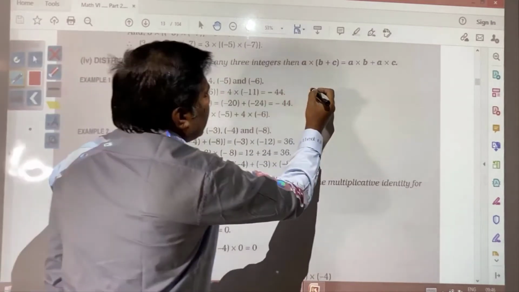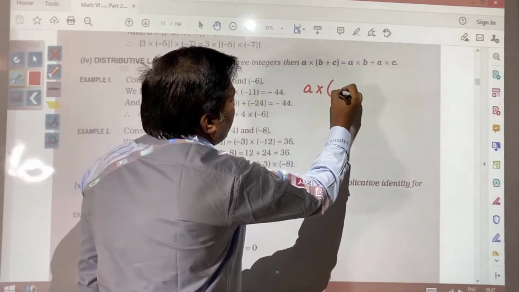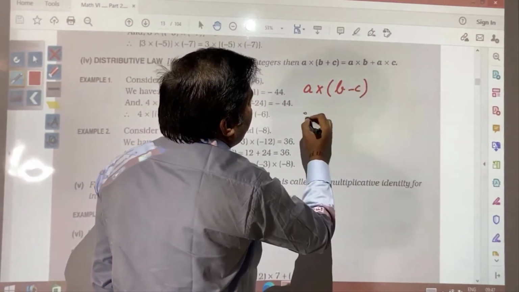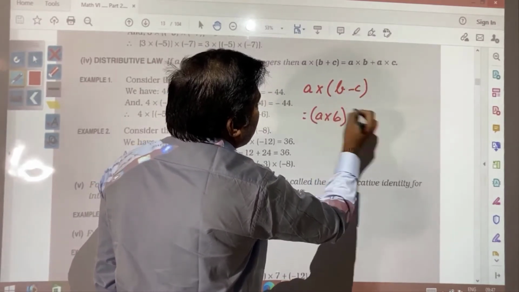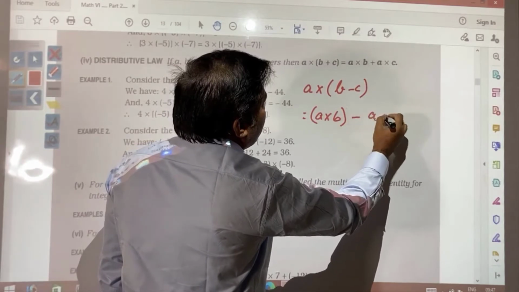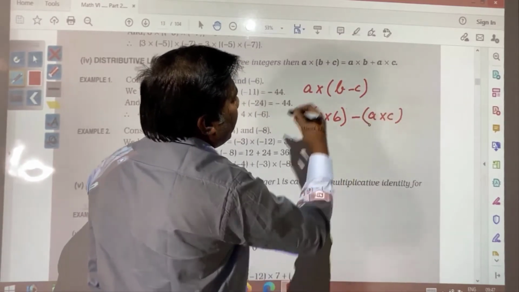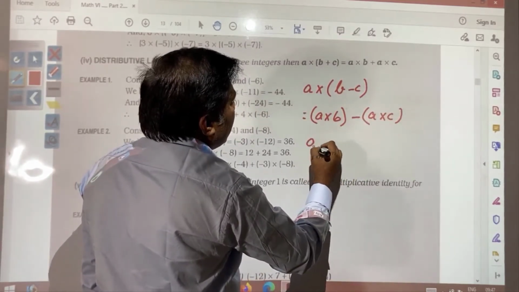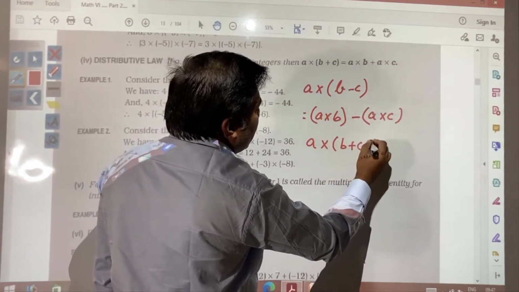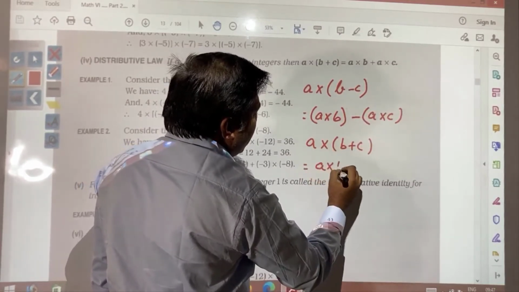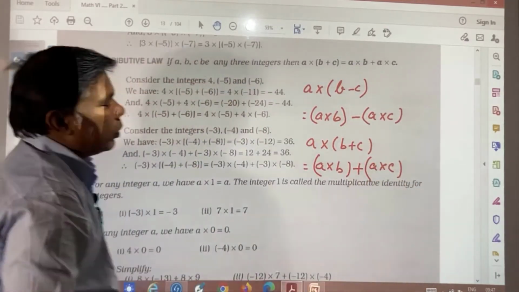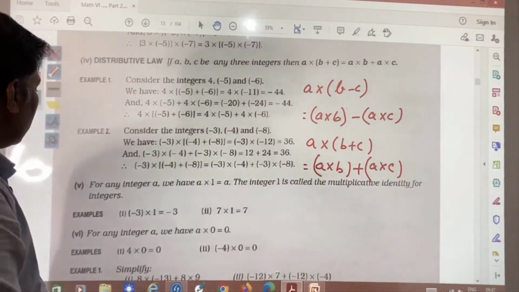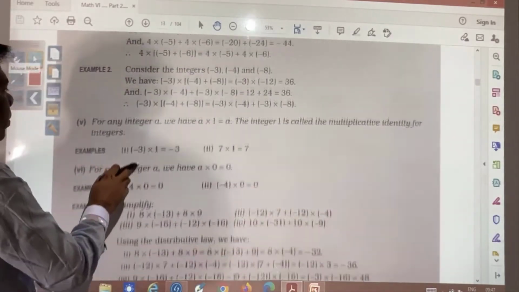If you have a into (b minus c), you will have a into b minus a into c. And if the plus sign is there, a into (b plus c), then you will have a into b plus a into c. So this you need to remember. Just put the value and check whether that is true or not.